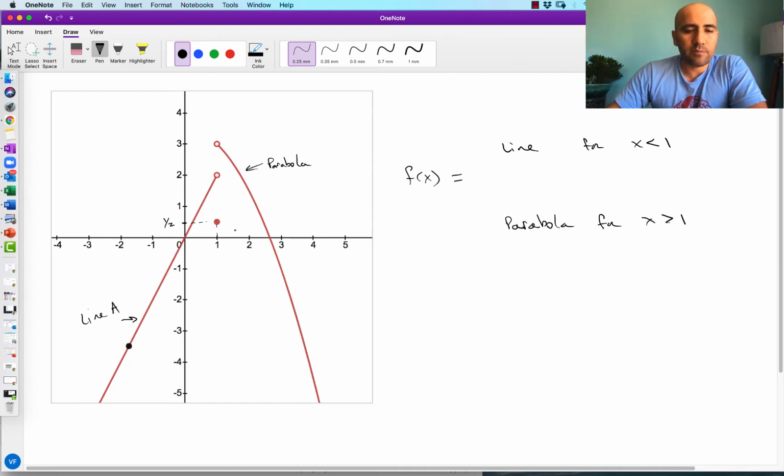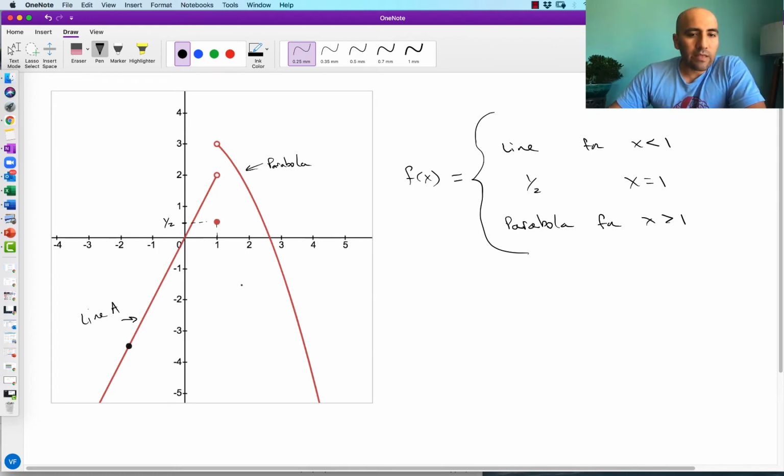And then for the specific case of when x equals 1, it looks like it would be 1/2. So this would be how we would describe it. Again, if we had specific equations, we might have an equation for this line and for this parabola. But for the moment, we're not going to worry about the actual equations. We're just going to look at it and study the graph and learn from the graph.